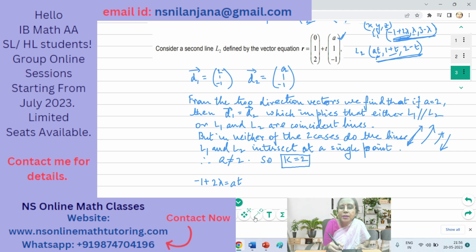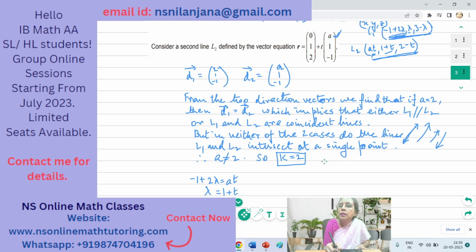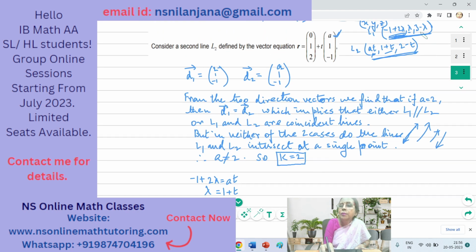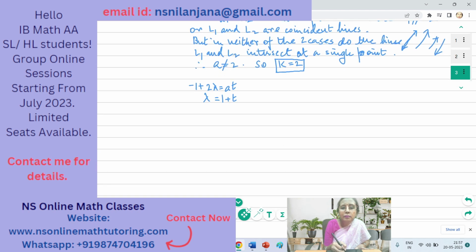Lambda equal to 1 plus t. And t minus lambda equal to 2 minus t. Three minus lambda equal to 2 minus t.